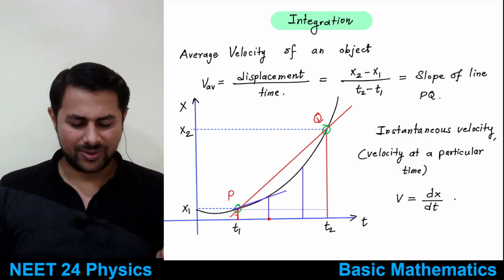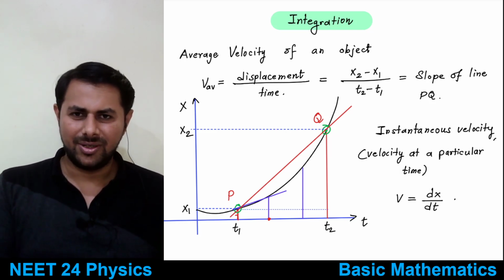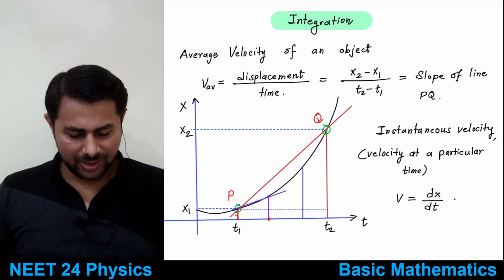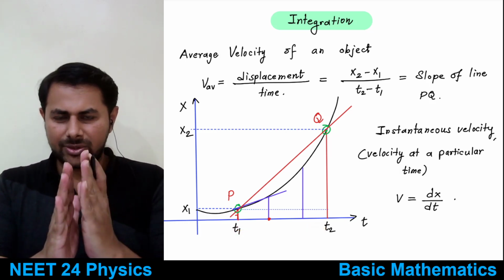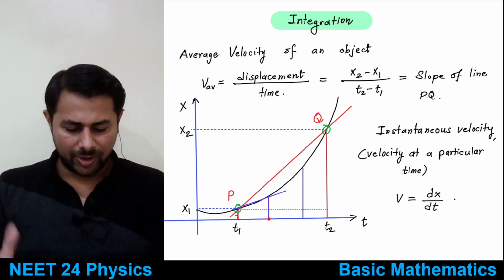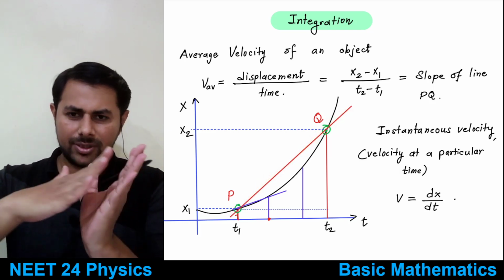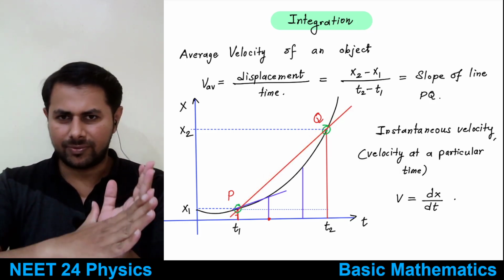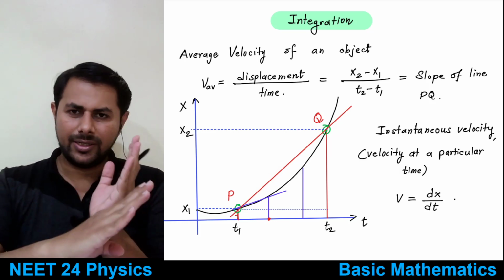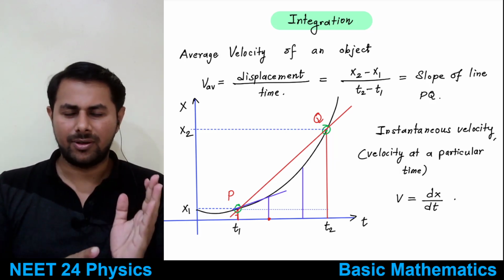Then what do you have? In that time interval which is almost zero, you find out the velocity. That means your t2 is coming closer and closer to t1, and when that happens, this line whose slope gives you velocity comes closer and closer to the curve. At one point it will touch the curve, it will become tangential to the curve.